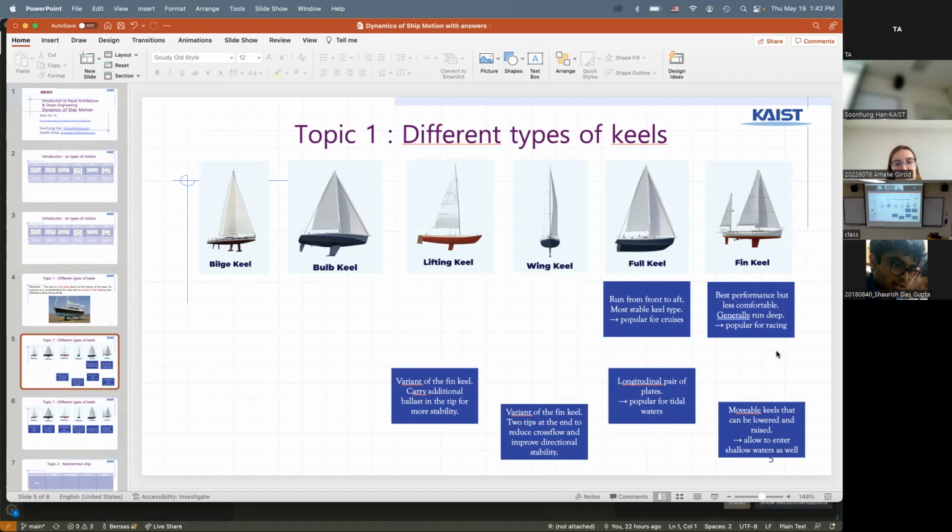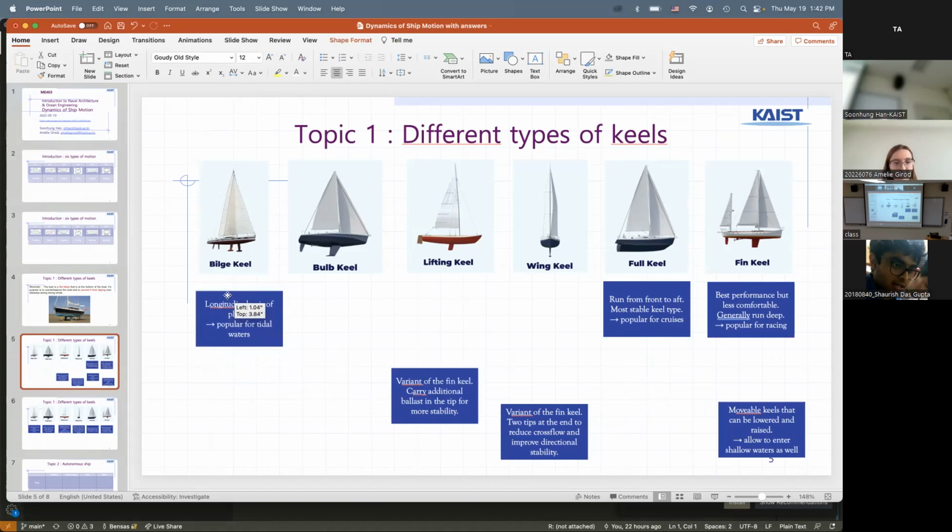I think the third one is bulb keel. This one? Yes. It looks like ballast at the tip here. I'm sorry? Bulb keel looks like a ballast at the tip. So it's the third one, not the fifth one.